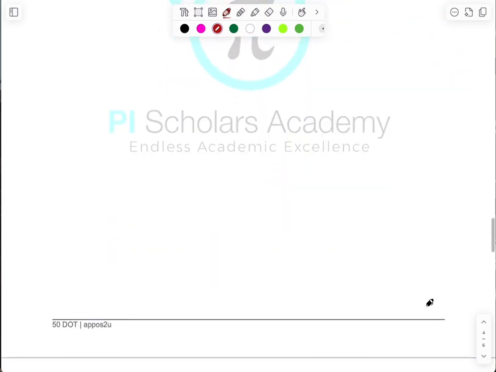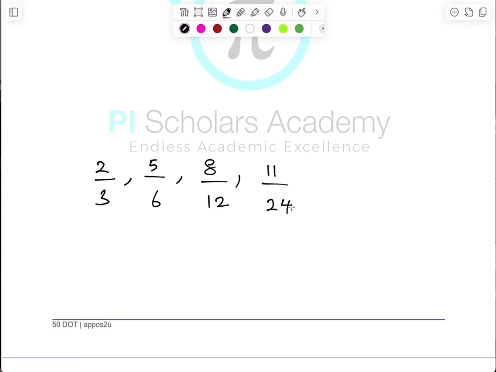For instance, if I give you a sequence like this: 2 over 3, then I have 5 over 6, then I have 8 over, let's make this one 12, then I have 11 over 24.